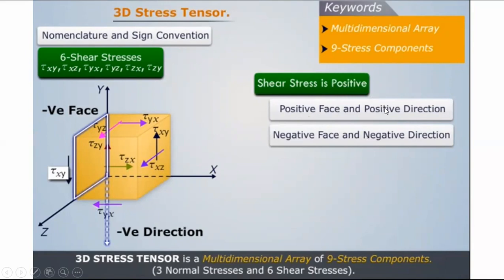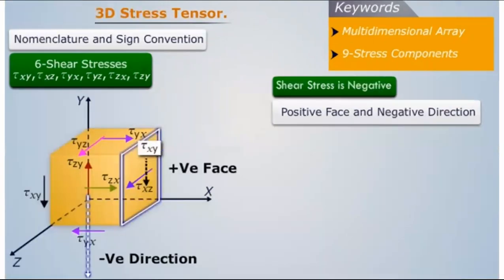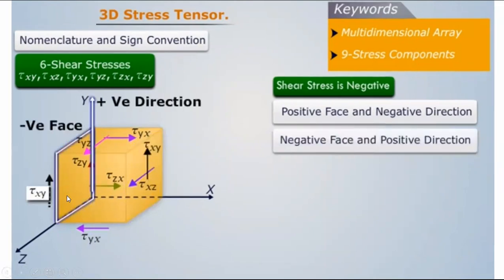Either both positive or both negative, phase and direction. Shear stress will be negative in case the phase is positive and the direction is negative. That means positive x phase, but the direction is negative. You can see this is the negative y-axis. The stress is in the negative y-axis direction, and vice versa. If the phase is negative but the direction is positive, then the shear stress will be negative.